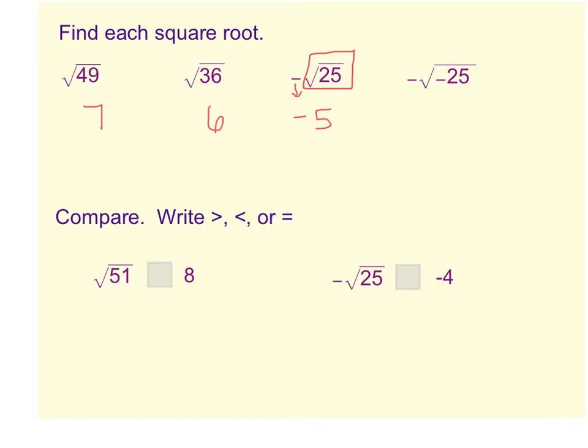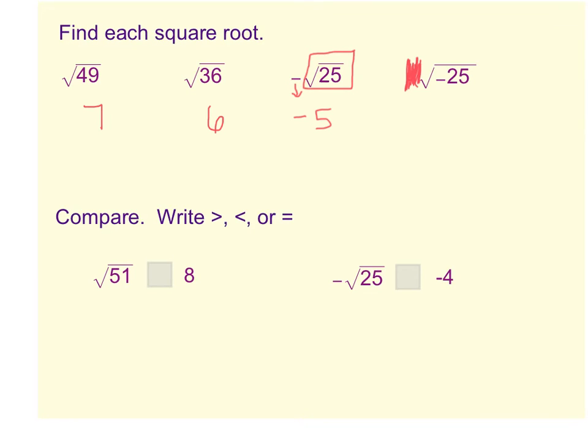So that answer is actually a -5. This next one, I don't think I actually meant to have that negative right there. So let's pretend that's not there. The difference with this next one is you have a square root, and if you notice the negative is inside or underneath the square root with the 25. So with taking the square root of numbers, you cannot take the square root of a negative number.